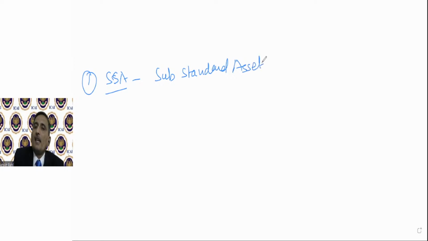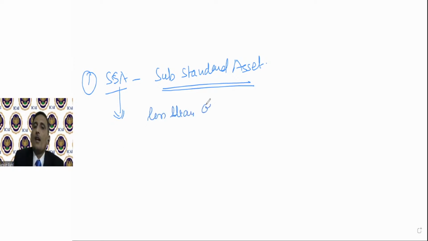So what is the meaning of substandard asset? Substandard asset as per RBI guidelines is an asset which is non-performing for a period of less than or equal to 12 months.